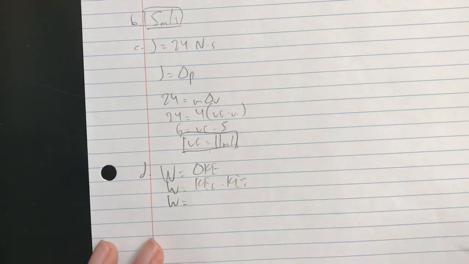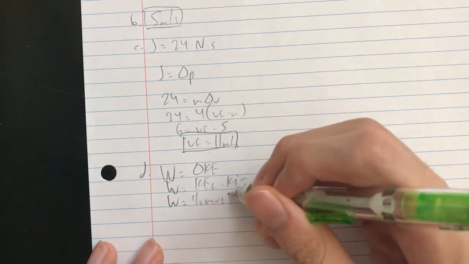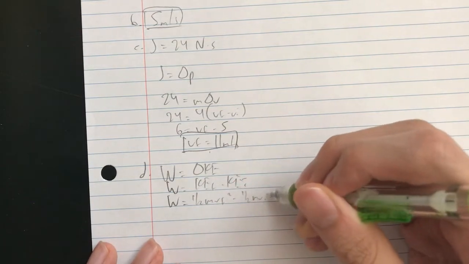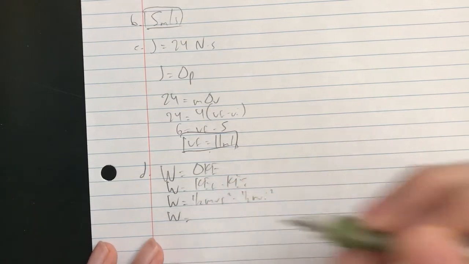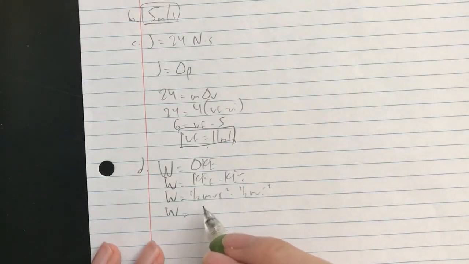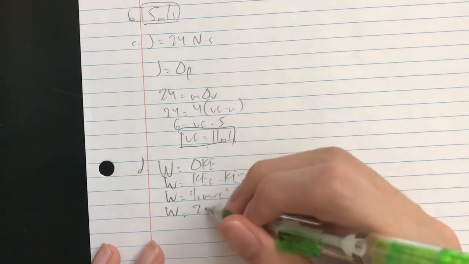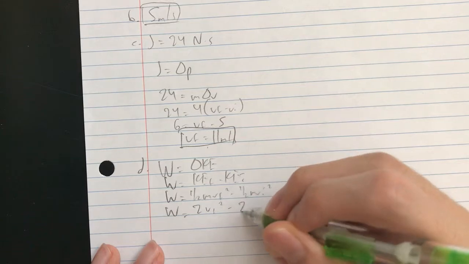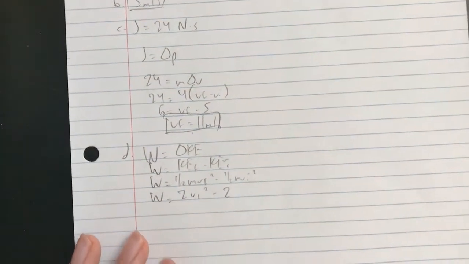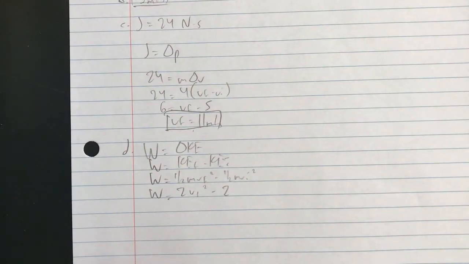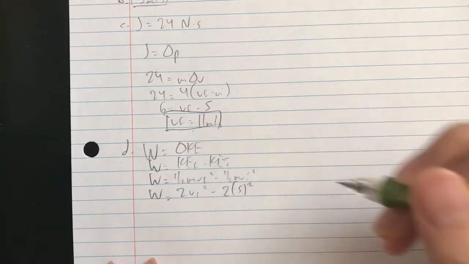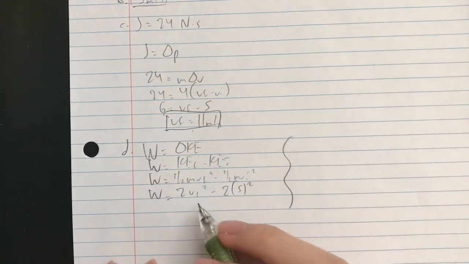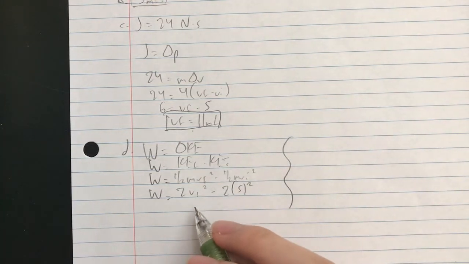So kinetic energy equals 1/2 m vf squared minus 1/2 m vi squared. So 1/2 times m is 4, so 1/2 times 4 is 2, times 2, and vi, the velocity at 2 seconds, is 5. But what is the velocity at 8 seconds?